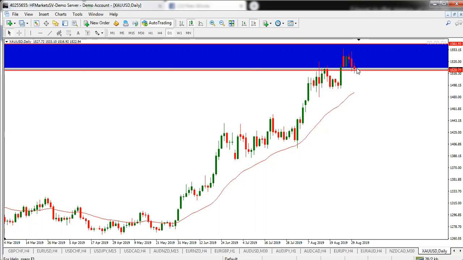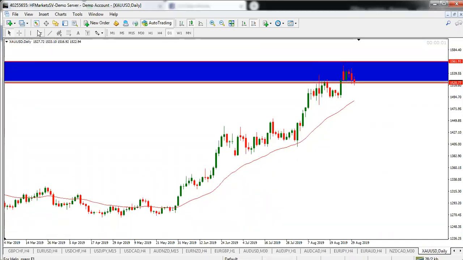So if you are going to trade this particular one, let's say the price eventually breaks out downwards, you know that your stop loss will be somewhere here, above the upper region of the zone.